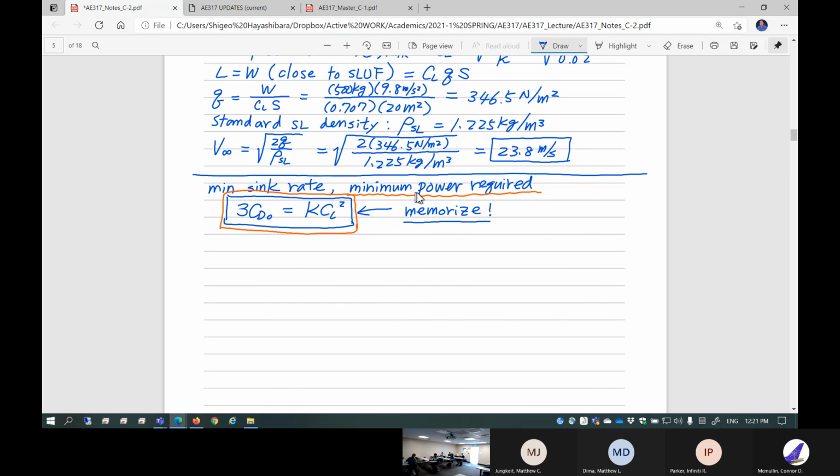So this is the condition for minimum power required. Now, from here, what is the CL then? CL is equal to, of course, changing the form of this equation, 3 times CDO divided by K. Okay.